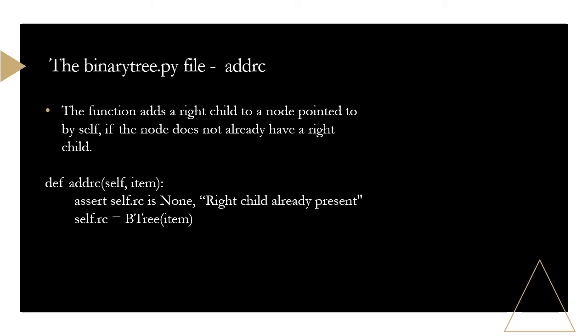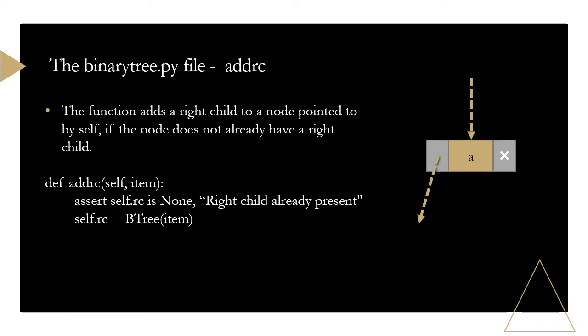Add RC. The function adds a right child to a node pointed to by self if the node does not already have a right child. Look at this node. Again, I do not know whether this node is the right child of its parent or the left child of its parent. But I don't care about that because that is not going to make any change to my code.